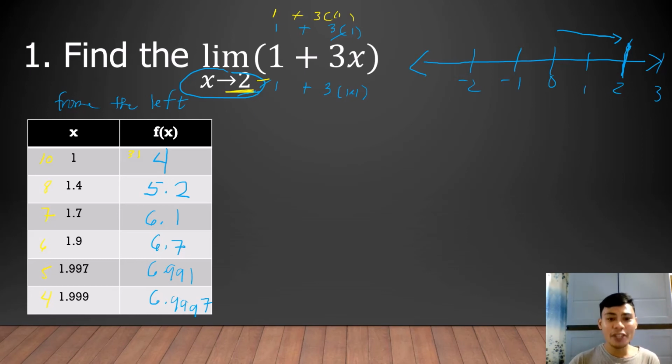Para, of course, the values, para sa values, 4, 5.2, 6.1, 6.7, 6.991, 6.99997, and you will realize that it approaches a certain fixed value, which is 7. Kung gagamitin mo ang sinabi mo kanina na certain 8, 9, 8, 7, 6, 5, ang layo pa dito, you will not see the pattern.